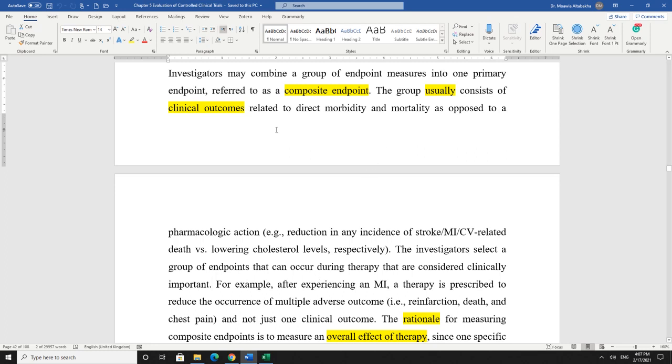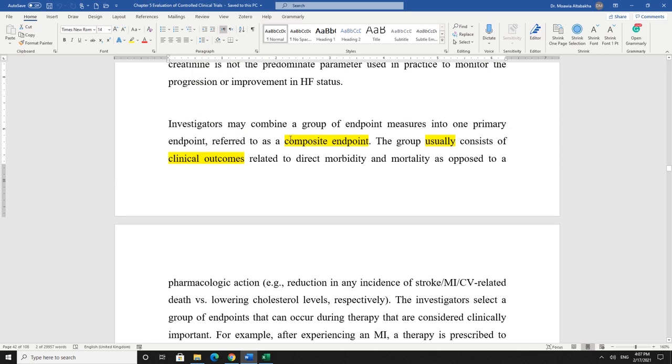Now why do some investigators say we need to have composite endpoints? The right reason is when the clinical outcomes are all important in the same way. Okay, meaning they are equally important, they have equal importance, so that's why they are putting them together.